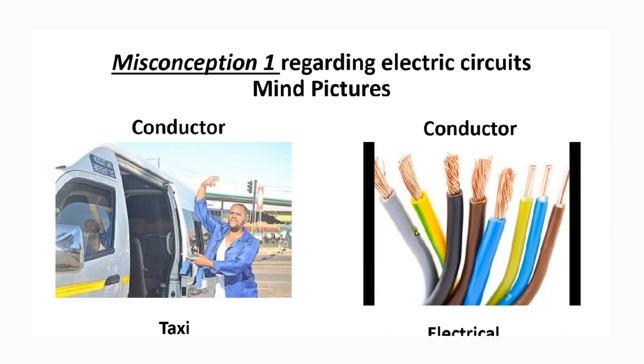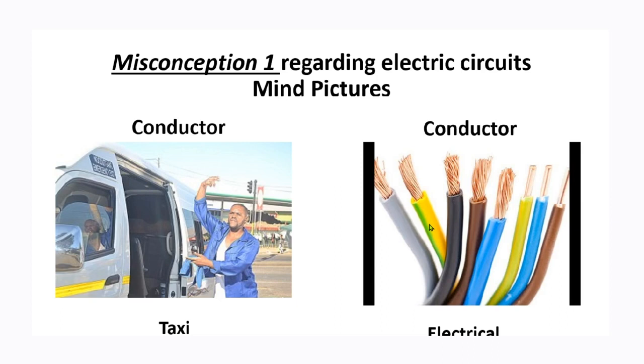Let's look at our first misconception. Misconception number one regarding electrical circuits is mind pictures. We have found that many students have the wrong picture in their mind when we are referring to specific components, and especially electrical components. The picture on your left shows you a conductor, which is a person who collects your money when you enter a taxi.